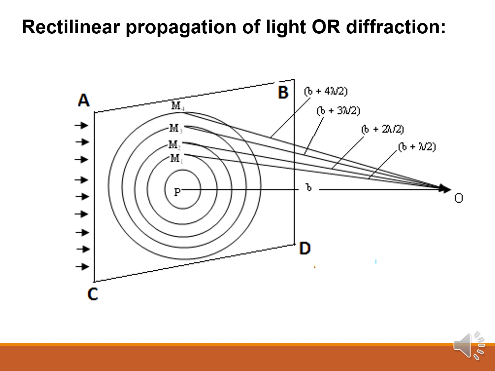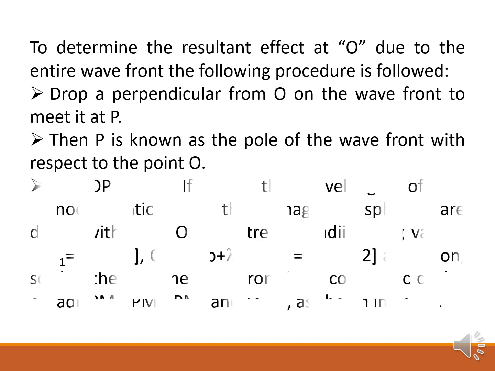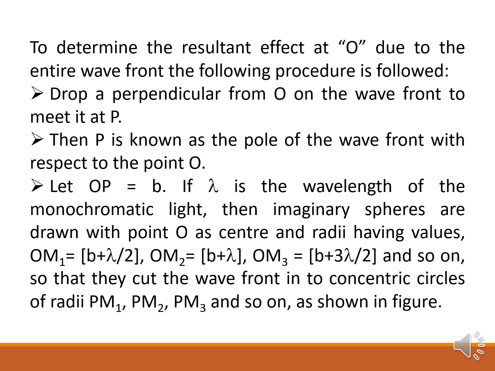Now to determine the resultant effect at O due to the entire wavefront, the following procedure is followed. Drop a perpendicular from O on the wavefront to meet it at P. Then P is known as the pole of the wavefront with respect to the point O. And let OP be equal to b.